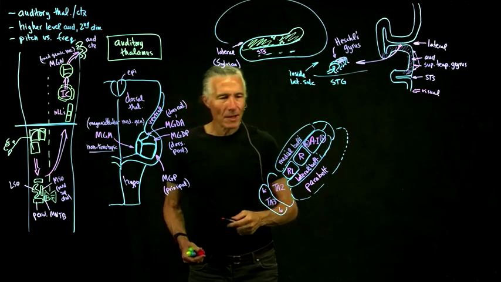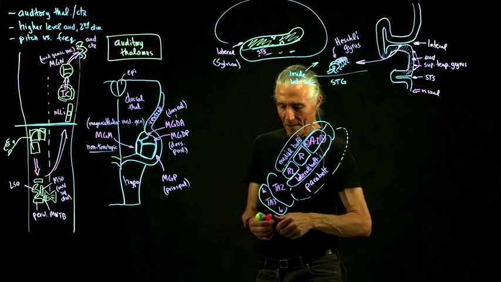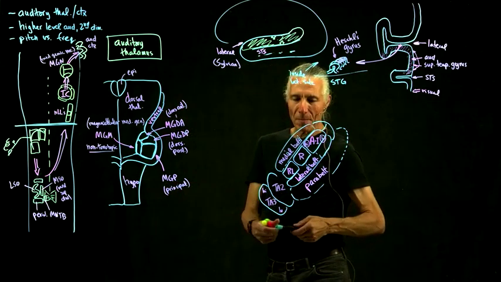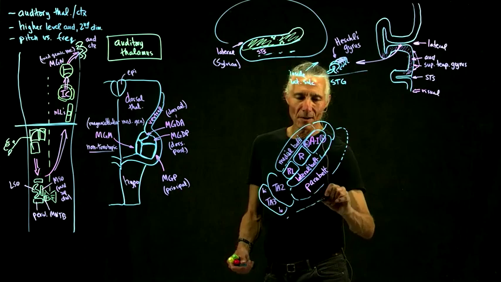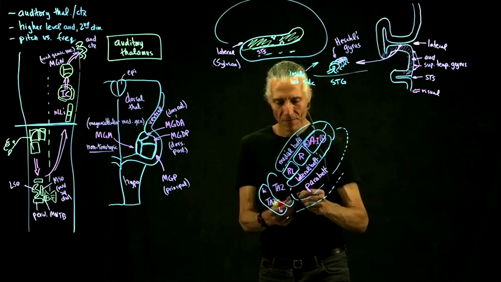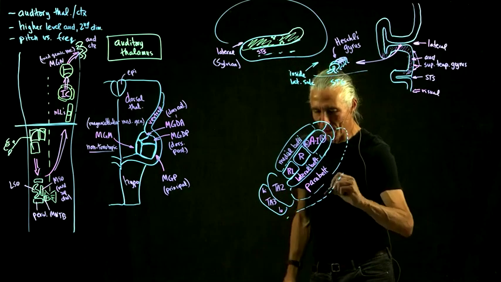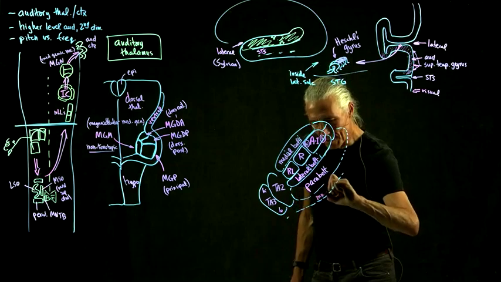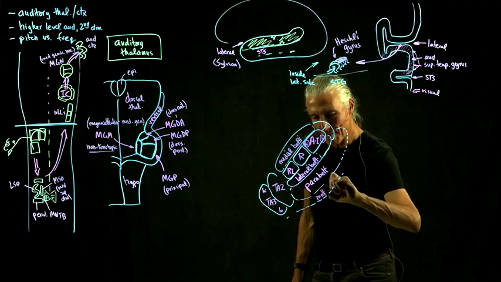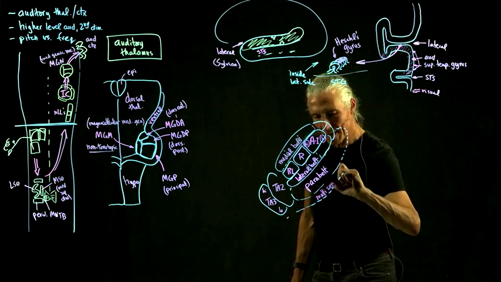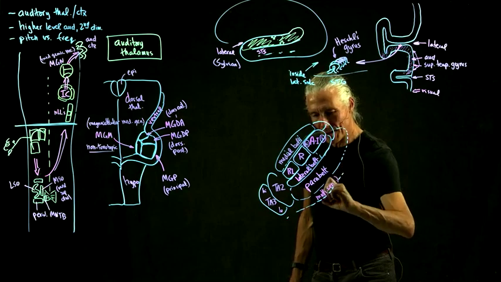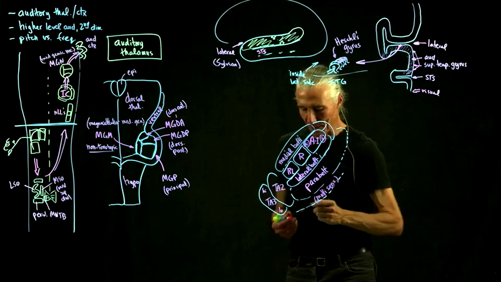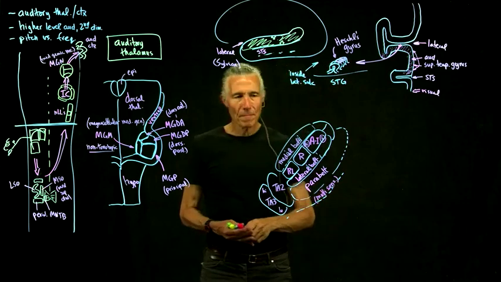As you get down, there are some multimodal areas. There's some auditory input that continues, so these are multisensory areas. They've got auditory and maybe some visual or even some somatosensory input in them.